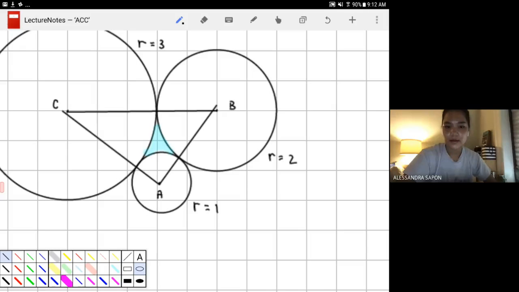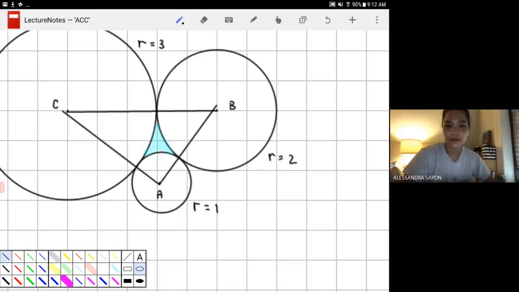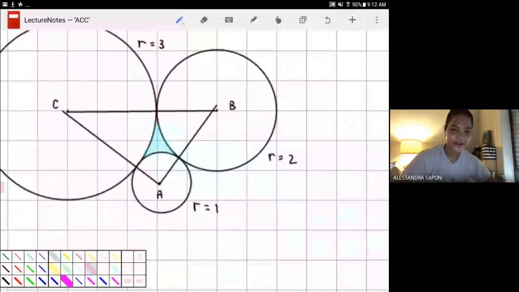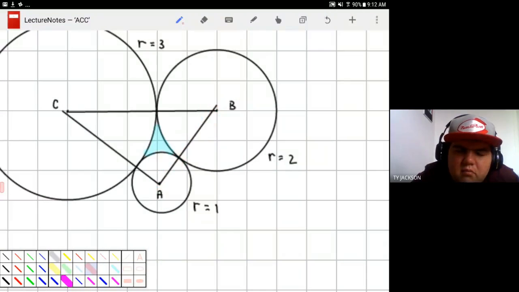We know that the lines that connect the centers are the radii, 1 and 2 and 3, but you have to add them together because they're connecting. That's right. So what's the length of the segment here, then? We'll call that X. It's 3.